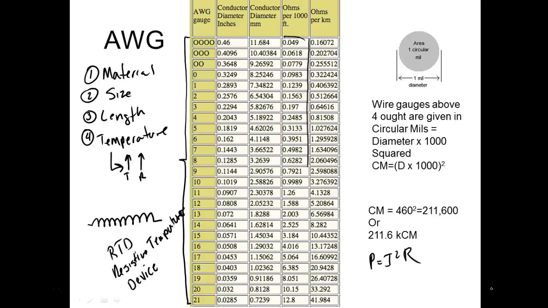It produces power, it produces heat. And if the wire gets hot, what happens to its resistance? It goes up. Now, if the voltage doesn't change, then we have no problem. But if the voltage changes, we have a big problem. We'll talk about that.